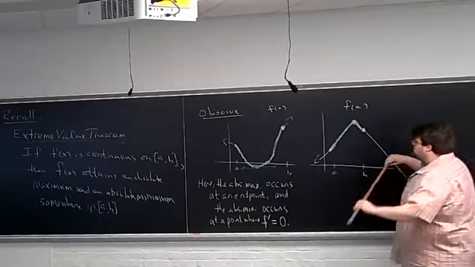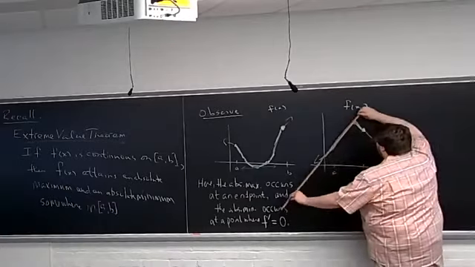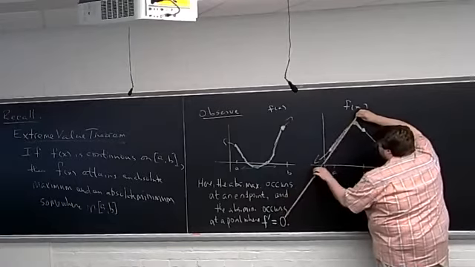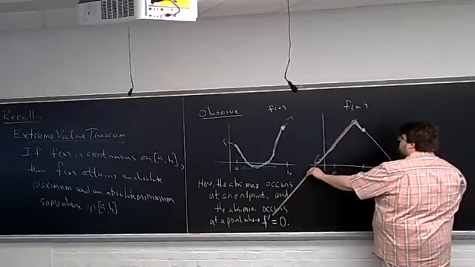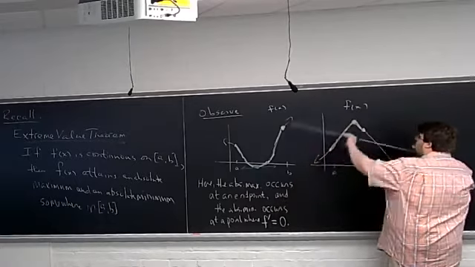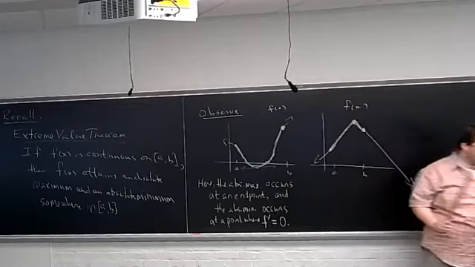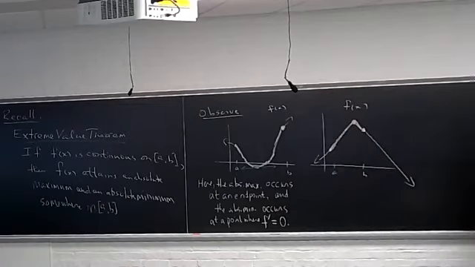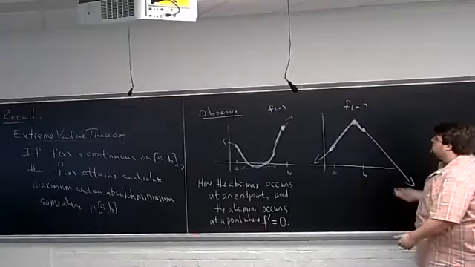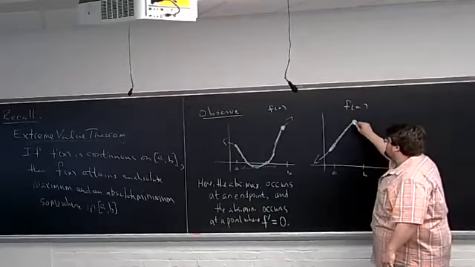Because on the one side of the point we have a slope of say +2, and on the other side, a slope of say -2. So at that point between them, they're not going to approach the same number, and that means the derivative does not exist at that point.